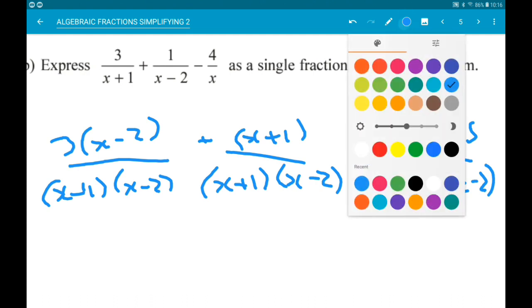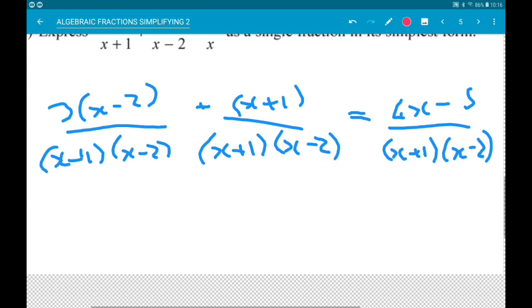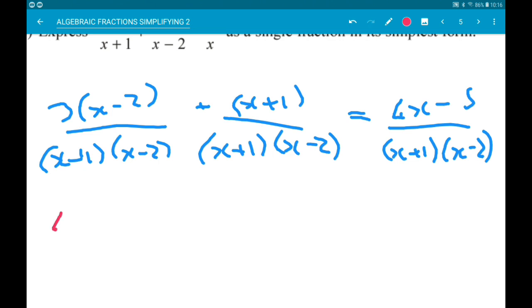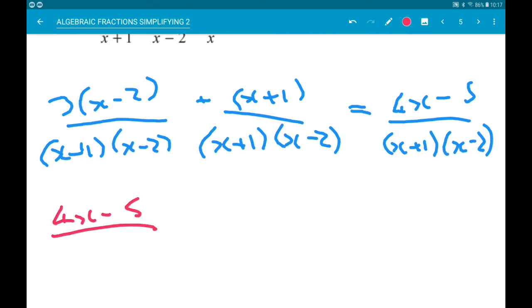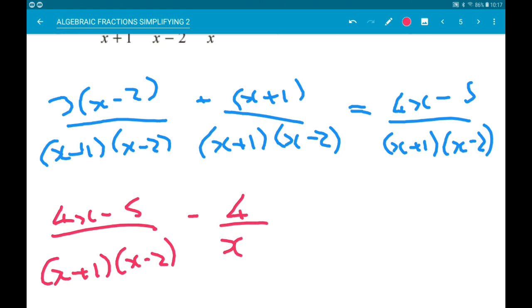Okay. So now we're doing (4x minus 5) over (x add 1)(x minus 2) minus 4 over x. Now the common denominator there then is going to be x times (x add 1) times (x minus 2).